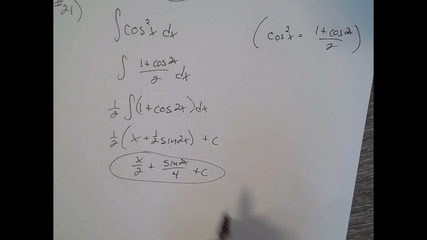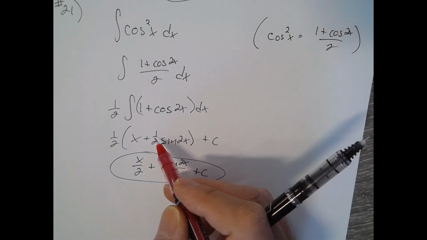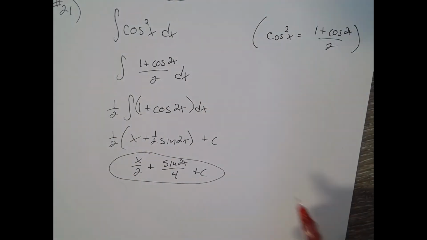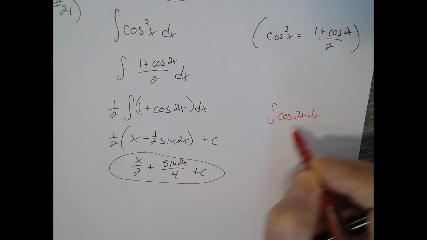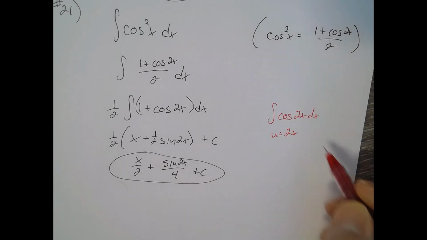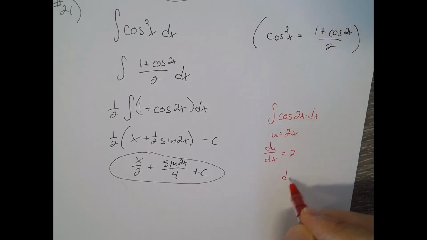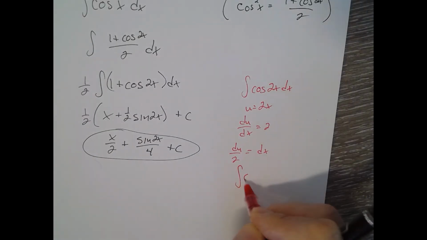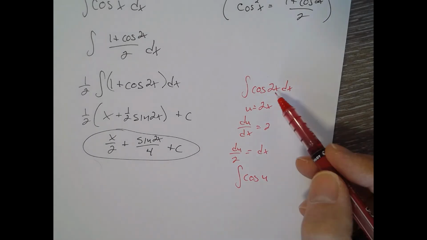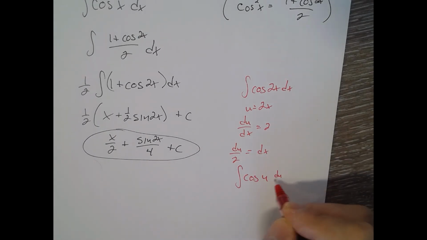If you did not know that cosine 2x, is it multiply by 2 or divide by 2? The u substitution kind of takes care of that thinking. So your u is 2x, du dx is 2, so dx equals du over 2. So then writing it in terms of u, it's the cosine of u, dx is du over 2.